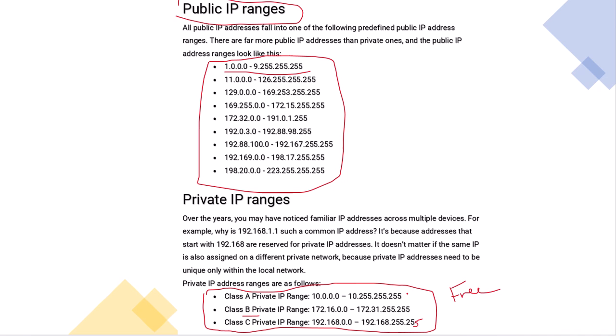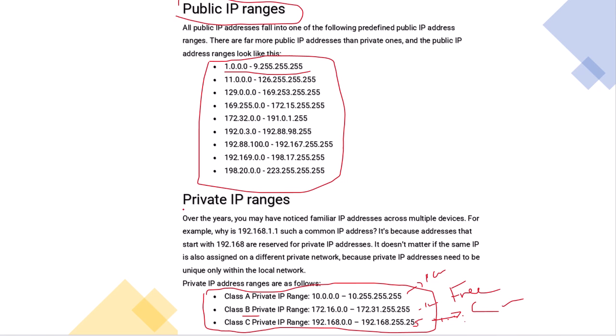If they have more than 1 crore of hosts, they can use the class A range. If they have around 1 million PCs, then they can use the class B range of free IP addresses. And if they have a small network, like 1000 or 2000, they can use the class C private IP range.